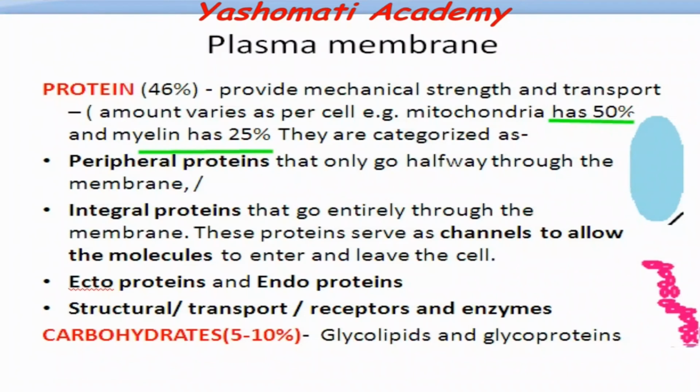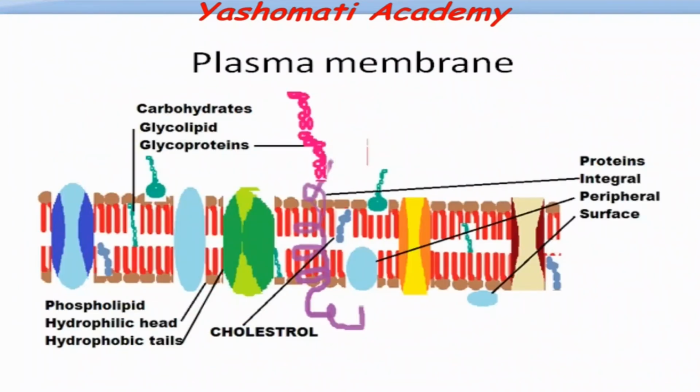Based on the different types of proteins, where they are located or what function they perform, they are further divided into different categories. For example, on the basis of position, they can be categorized as peripheral, integral, or surface proteins. If you look at the proteins in this picture, this protein helps in making the structure of the plasma membrane, so such a protein is called an integral protein.